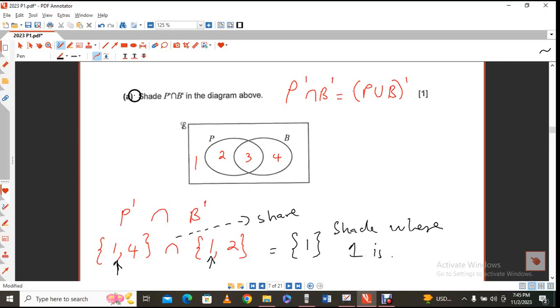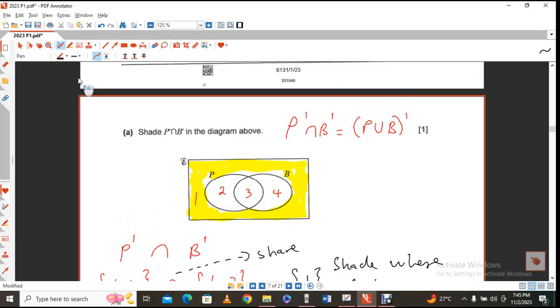That means my shading is going to be everywhere that is being represented by 1. Is that clear? All right, so that's where I am shading. So just make sure that it's 1 mark. Don't take more than a minute to do this, so come back to it after you have done everything in the paper. Anyway, that is the shaded part.